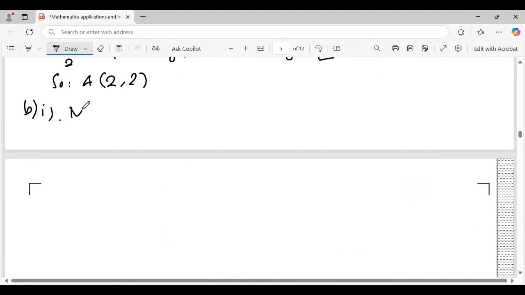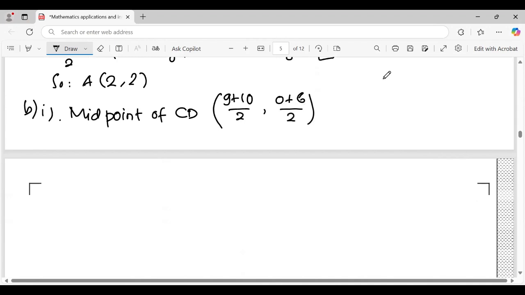The midpoint of CD, the coordinate point, is (9 + 10) over 2, (0 + 6) over 2. Why? Because coordinate point C is (9, 0) and coordinate point D is (10, 6).